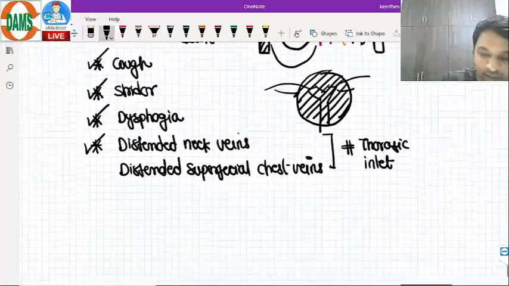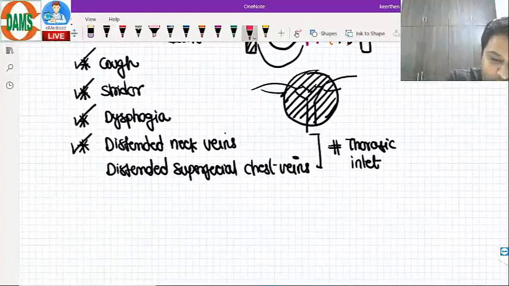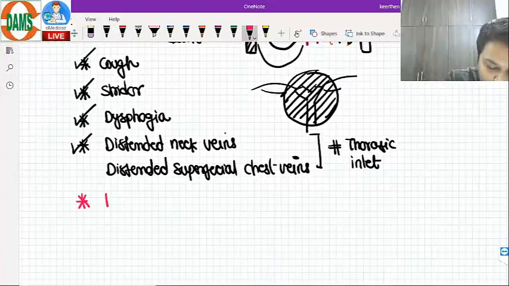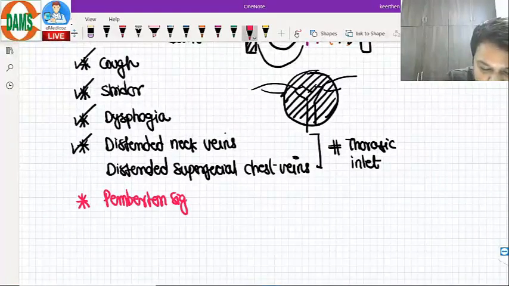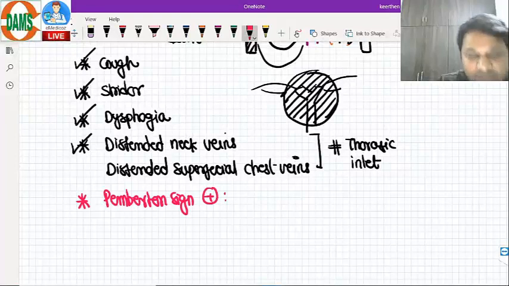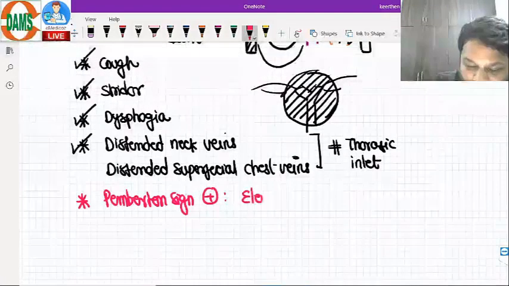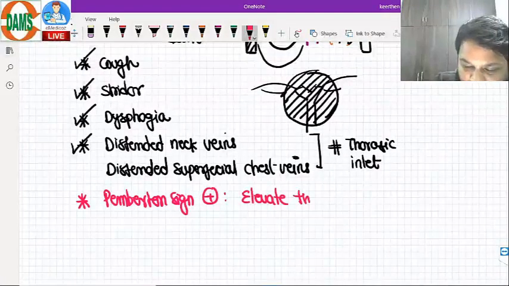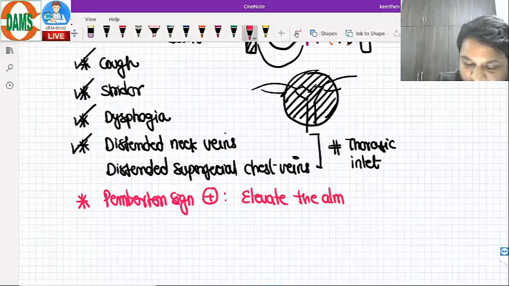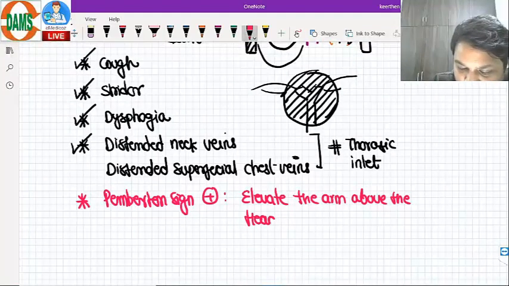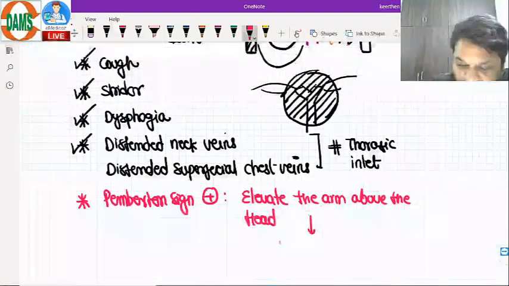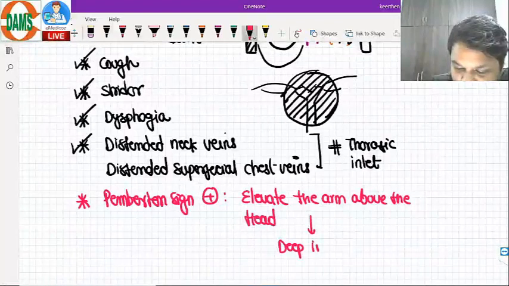Along with that, a classical sign you will see with retrosternal goiter is the Pemberton sign. For Pemberton sign, you ask the patient to elevate the arm above the head and take deep inspiration.